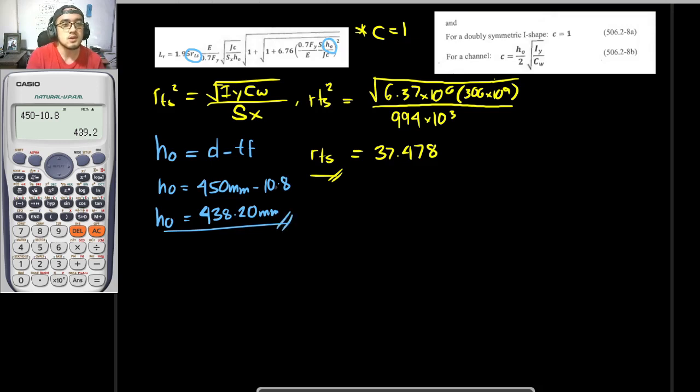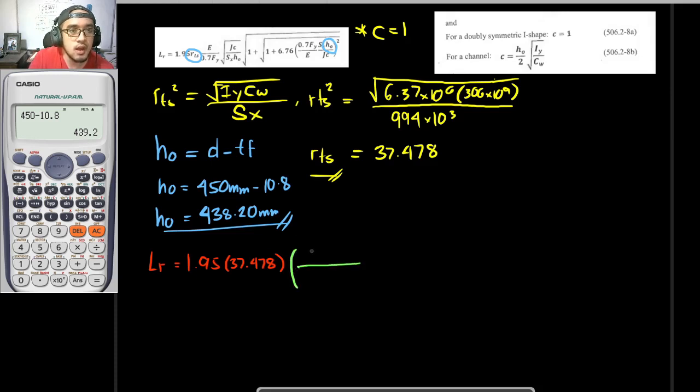Okay, since we already have all of our values here, we can now solve for the value of Lr. Lr is equal to 1.95 rts, and our rts would be equal to 37.478, times, I will choose green. I will explain later why I am grouping it like this.